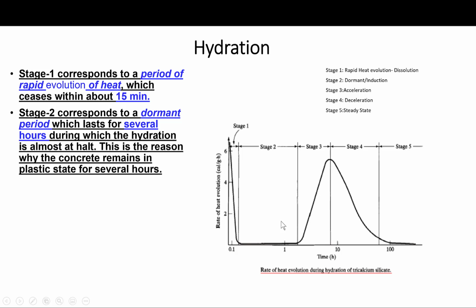So the heat flow is proportional to the rate of reaction and is easily measured in the case of C3S, which is the compound of major interest. Okay, so let's look quickly at these stages and what happened in each stage: 1, 2, 3, 4, and 5, and with time, and this is the rate of heat evolution, calorie per gram.